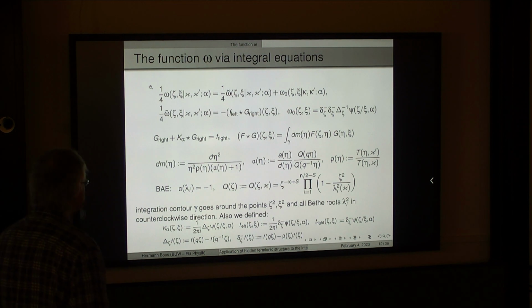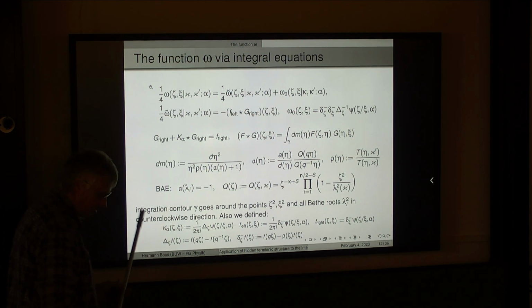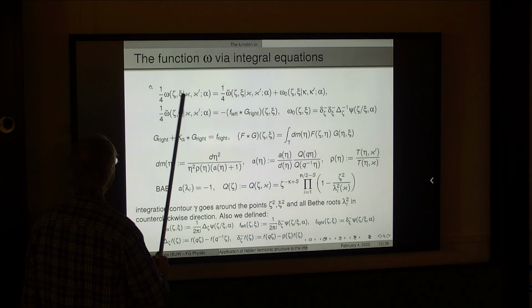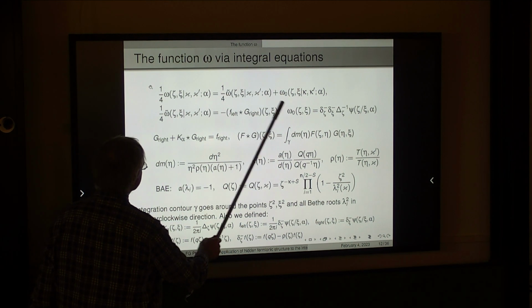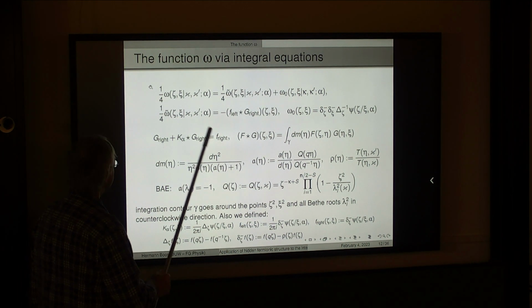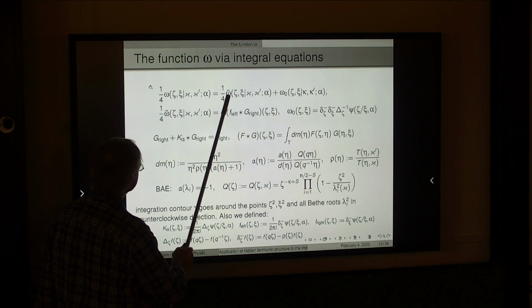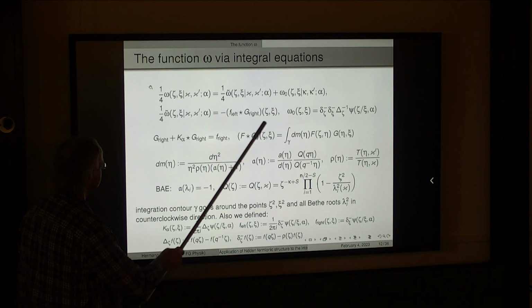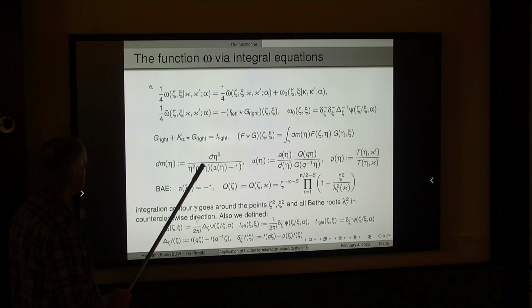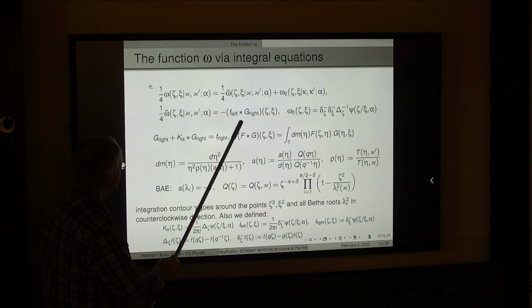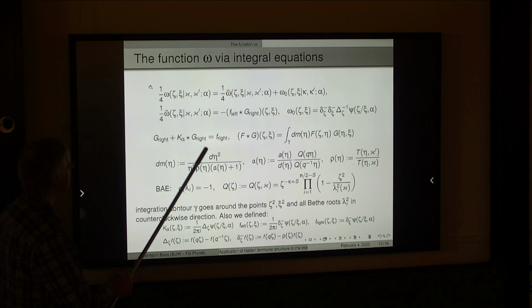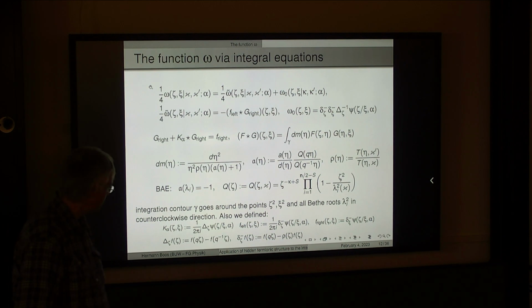Okay. So let me concentrate on the second formulation, second description. In this case, this function omega has two parts. And first part is more complicated, it's omega tilde. It is proportional to some convolution of two functions, where f left is so to say simple function and g right is more complicated. It fulfills some linear integral equation.